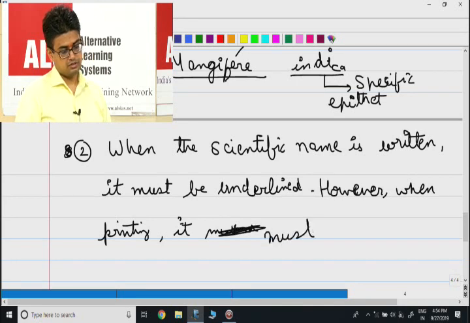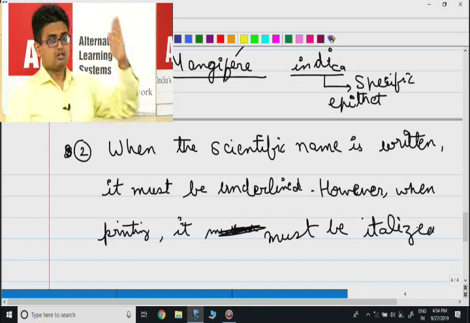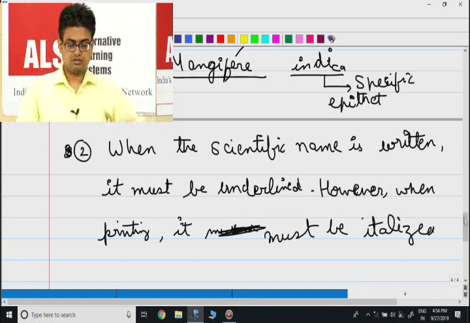Italicized means it must be written with an angular inclination.